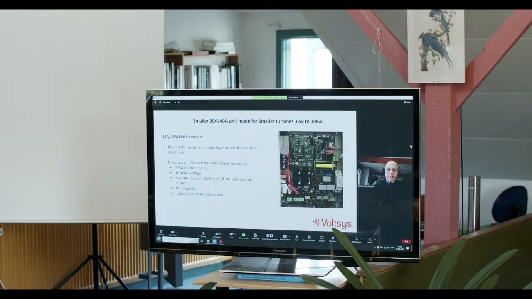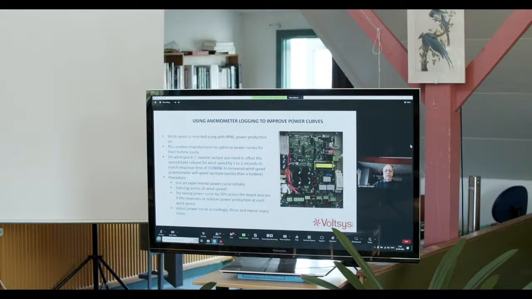If you lost the phase that you're measuring, the frequency will fall off and the inverter will stop pulling power. But if you lose the two phases that you're not measuring from, the turbine will continue to be loaded by the inverter, and it will cause a lot of vibration and could do damage. So phase loss detection is quite an important feature.